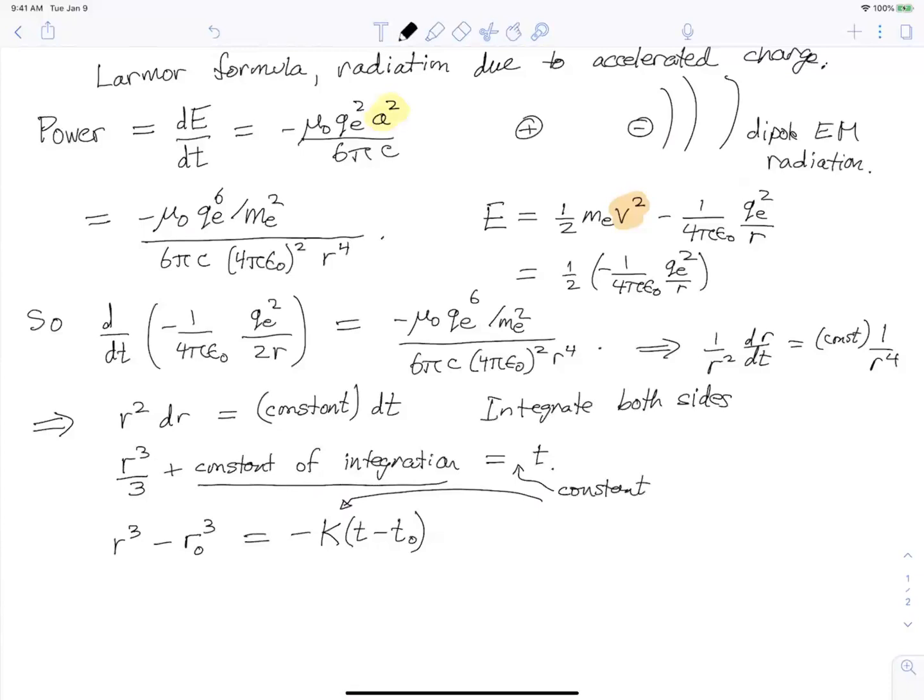So the minus r0 cubed is some combination of constants of integration. So is the t0. And so the way I've set it up here is just so that by choosing the constants of integration, I've chosen things so that r is going to equal r0 at time t equals t0.